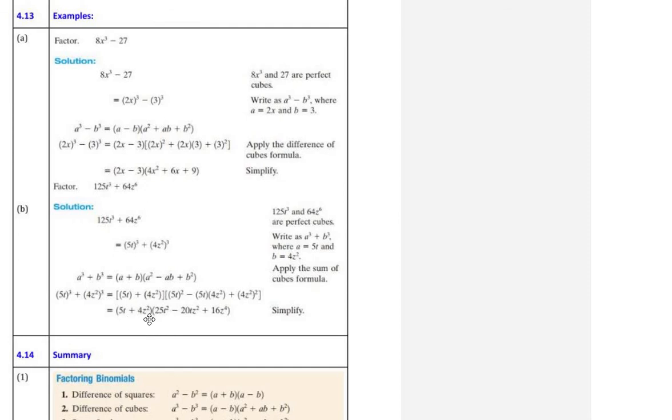Square that one, change the sign. That one times that one, but with a different sign. Square this one, 16z⁴. So that the 2 and the 4 can give me my 6 back. The 1 and the 2 can give me my 3 back, t³ back. Okay, so this is prime, cannot go on, I'm done.